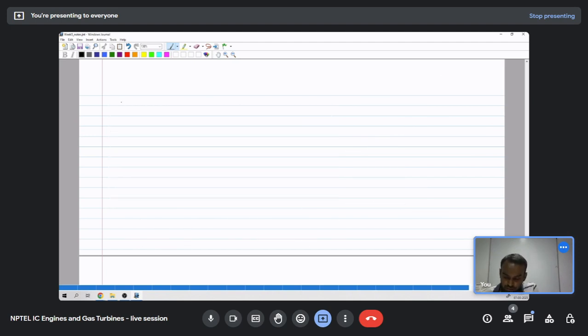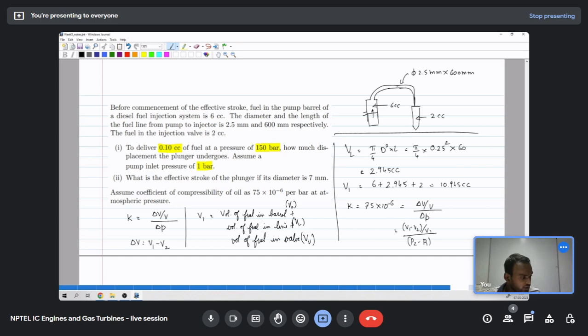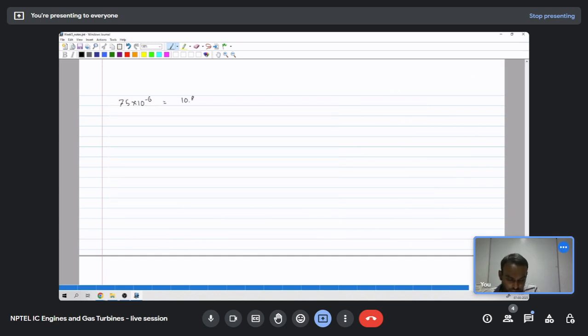So 75 into 10 power minus 6 is V1 minus V2, with V1 being 10.945.